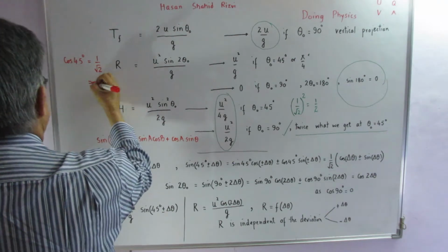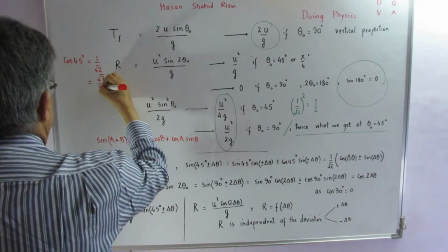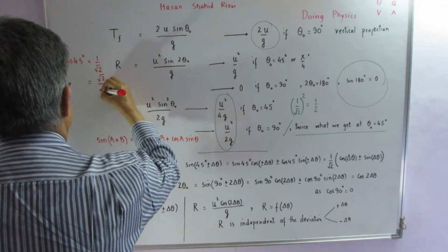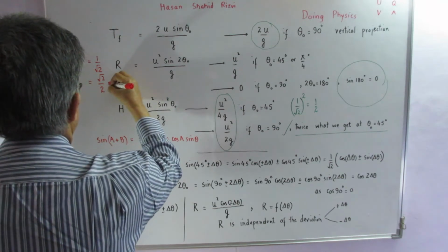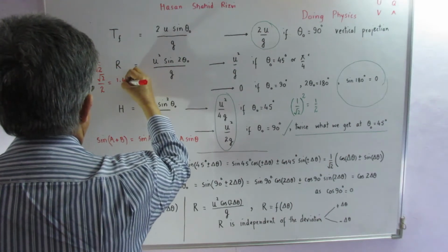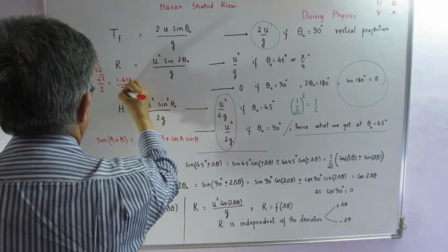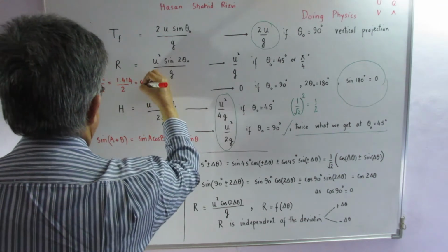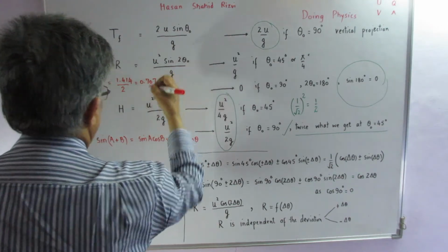If I multiply both the denominator and the numerator by root 2, this turns out to be like this, which I can write as 1.414 divided by 2, which turns out to be equal to 0.707.